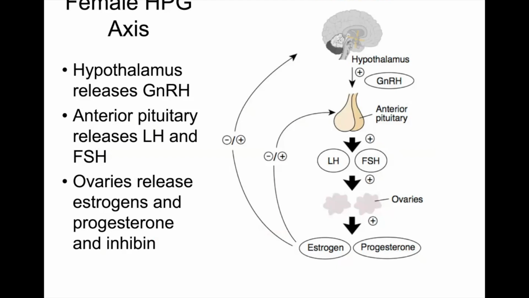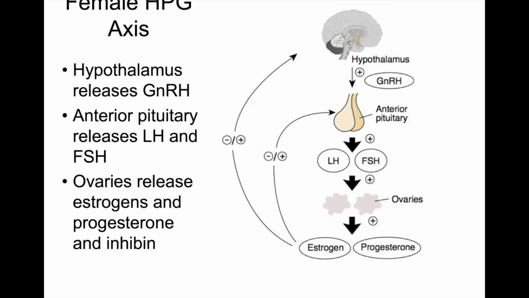As should now be familiar to you, the gonadotropin releasing hormone would be released from the hypothalamus and then act on the anterior pituitary, which would then in turn release luteinizing hormone and follicle stimulating hormone. These act on the ovaries to cause the release of estrogen, progesterone, and inhibin.